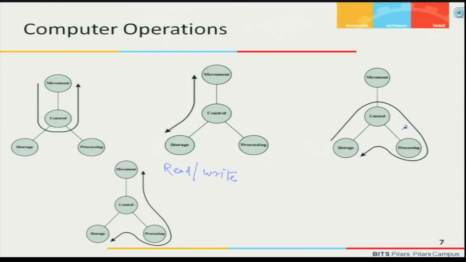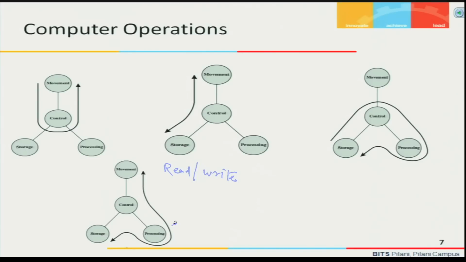The next operation is where you are reading the data from the external world, or let us say a peripheral device, a keyboard for example, and doing the processing on this and storing it in the memory. Say for example, for adding two numbers, the two numbers are read from the input device and supplied to the processor or the processing unit of your computer, and then stored in the memory.